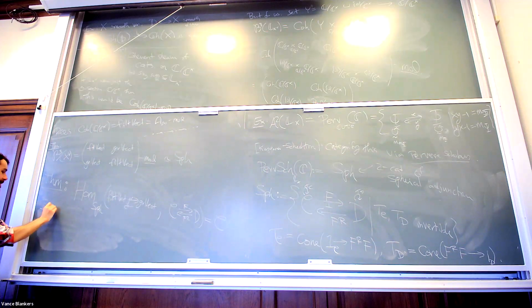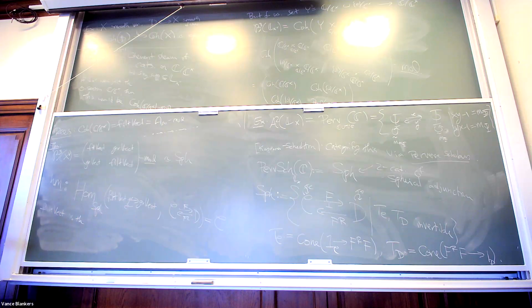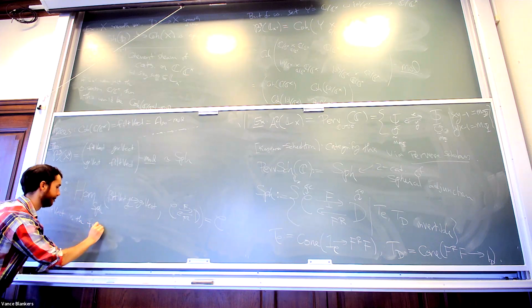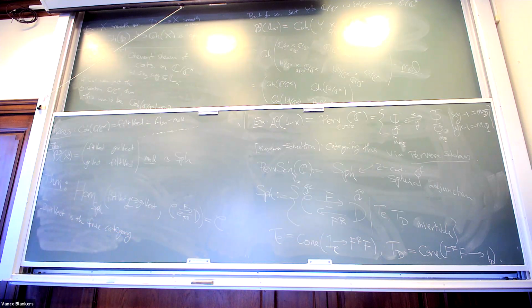Filtered vector spaces is the free category on a co-augmented endomorphism of the unit.